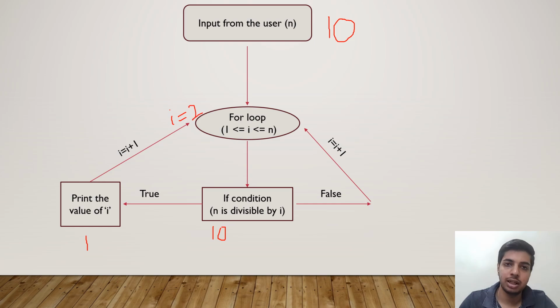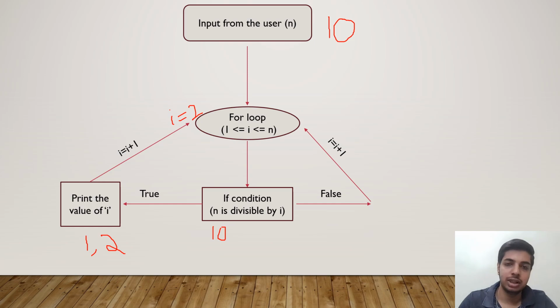Then it will again execute the for loop. Since 2 is less than 10, it will again check the if condition, and 10 is also divisible by 2, so it will also print the value 2, and then again increment by 1.